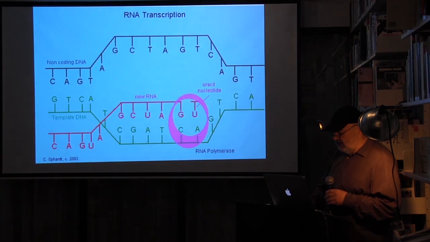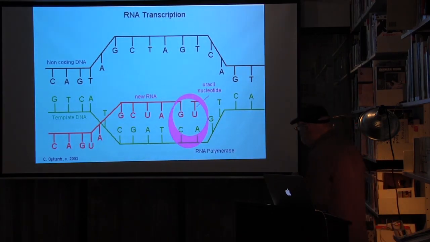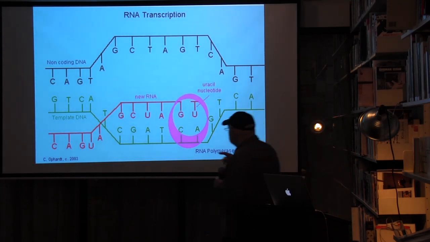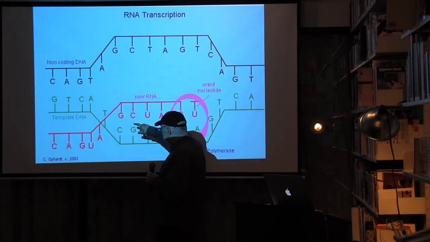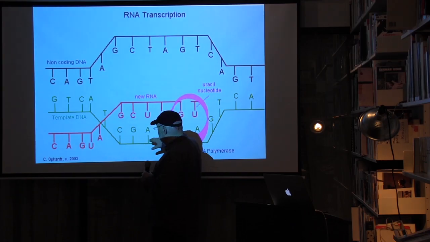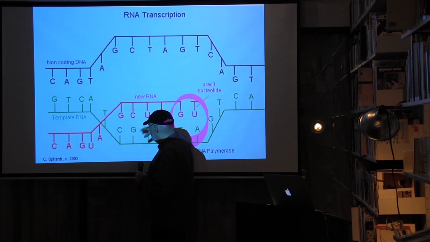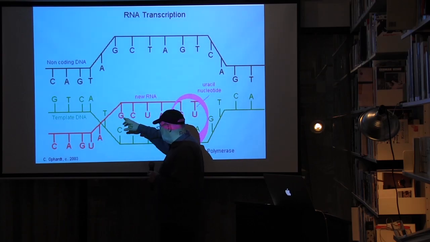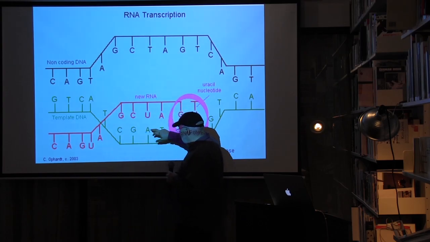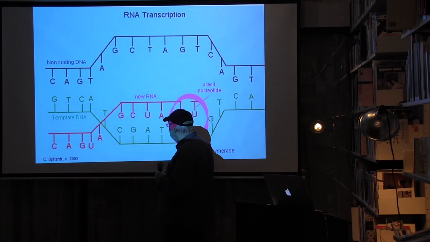In the next picture, which is a better illustration, we can see that this is one side that is a template DNA, and we see RNA copying it. And as you can see, C is copied into G. These are base pairs. G is copied into C. T is copied into A, and A is copied into uracil.